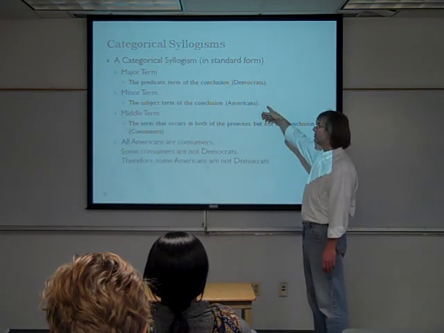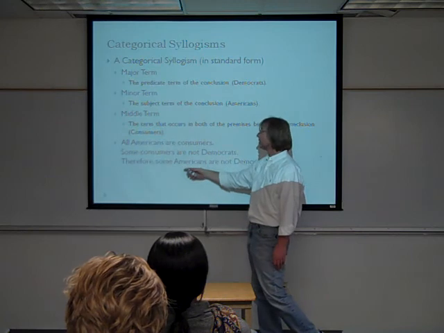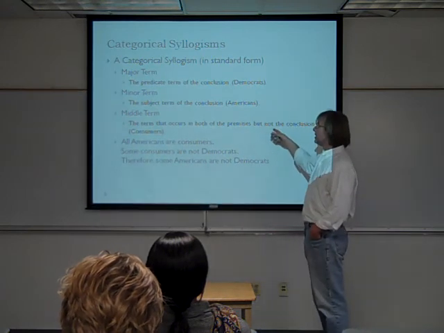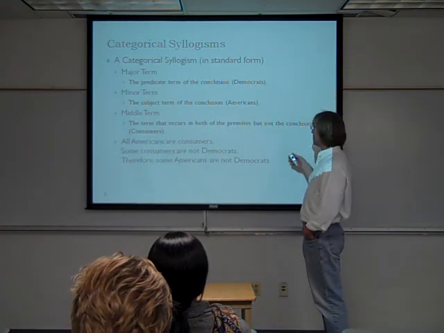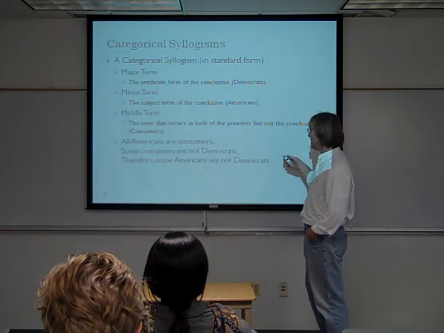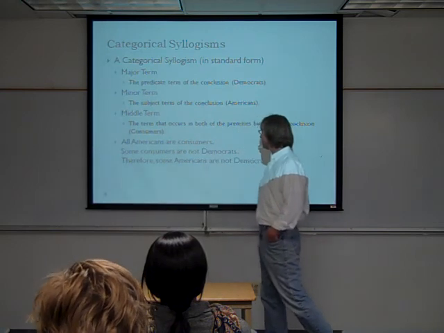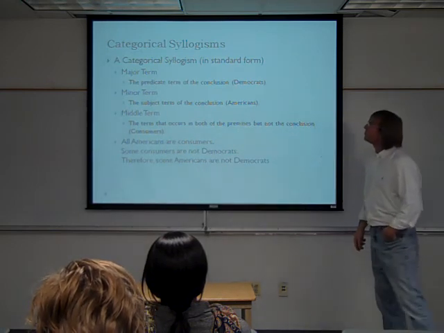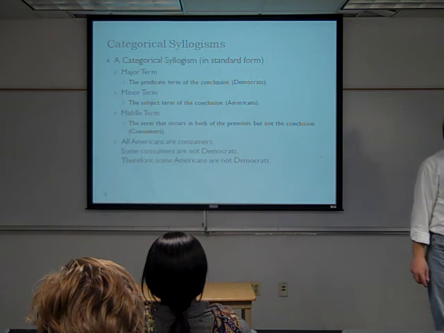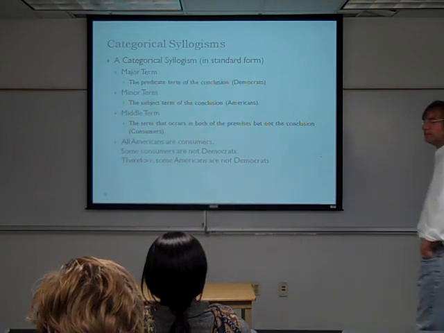The minor term is the subject of the conclusion. Americans. The middle term is going to be that term that does not appear in the conclusion. And that's going to be consumers. It appears exactly twice. Are we clear on those? Major, minor, and middle.